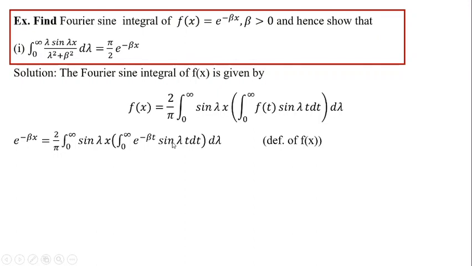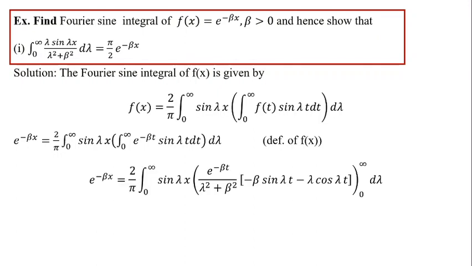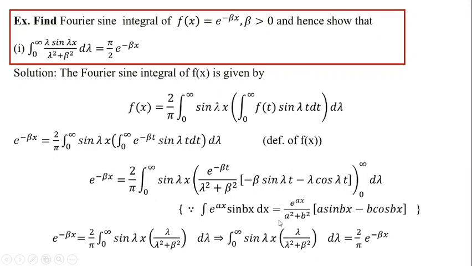Okay, now the next task is to simplify this integral. You can see here, this is of the form e raised to power ax into sine bx, where a is nothing but minus beta and b is nothing but lambda. So just apply the formula of integration and apply the limits. So what we will have, for the upper limit it will vanish, and for the lower limit we will have the term lambda upon lambda square plus beta square.